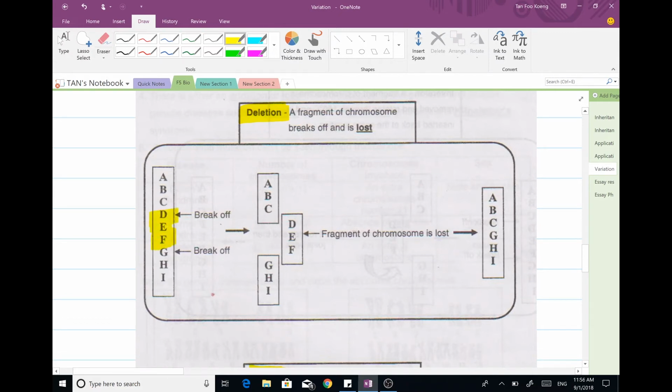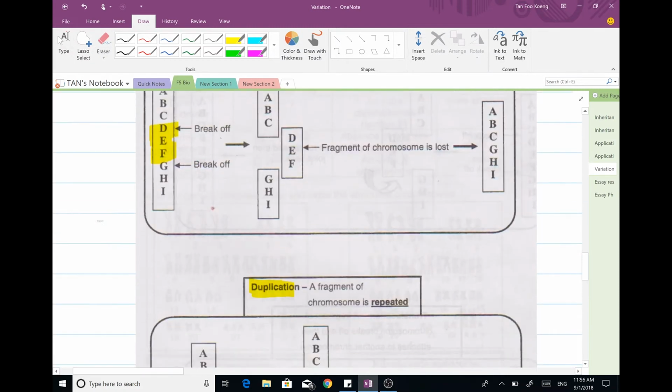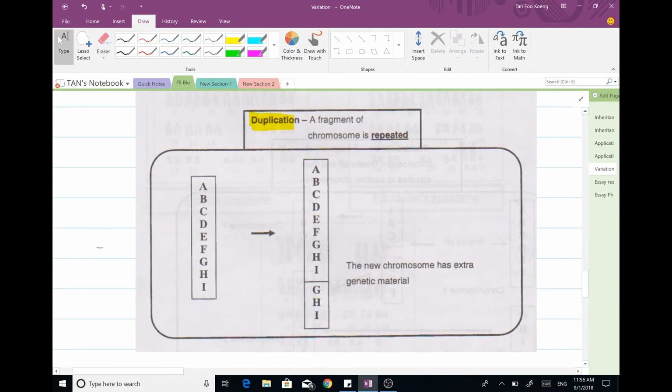This segment is lost forever, and this could be fatal, because if you do not have that segment of chromosome, that means you miss out a lot of genes that are important in the synthesis of protein. So most likely, it is fatal. And then duplication is the last one. Let's see what happens to this chromosome. A fragment of chromosome is repeated. Now, GHI, as shown by this diagram here, is repeated.